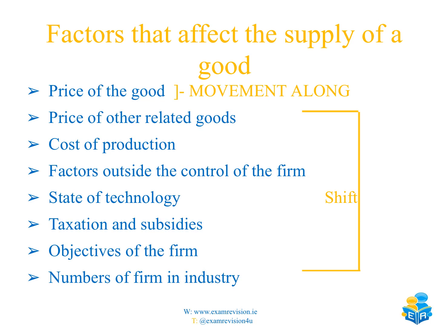So any change in the price of the good, whether it's demand or supply, will always cause a movement along the curve, whereas your shift will be the price of other related goods, cost of production, quite an easy one, factors outside the control of the firm, state of technology, taxation and subsidies, objectives of the firm, and the number of firms in the industry. So these are all related to supply.